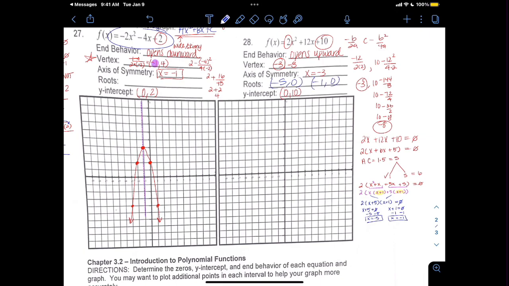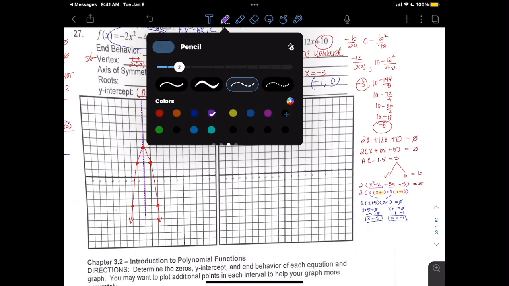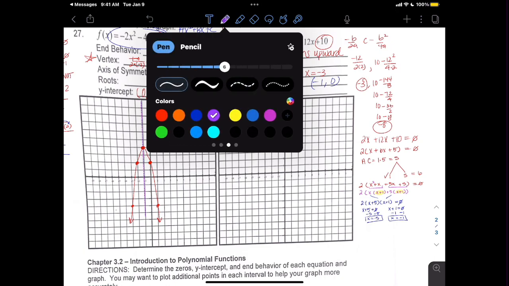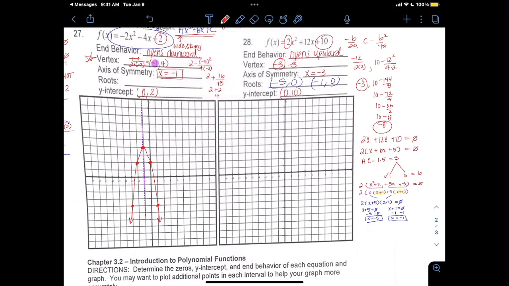So I'll go ahead and I'll graph this. So first I'll start with -5, -1.